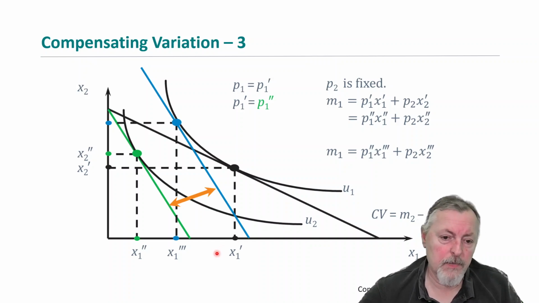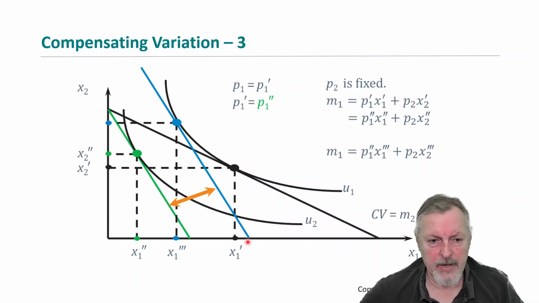Here, the distance between U1 and U2, for the blue point and the green point, in dollars is that amount divided by the price of X1 at the new price.